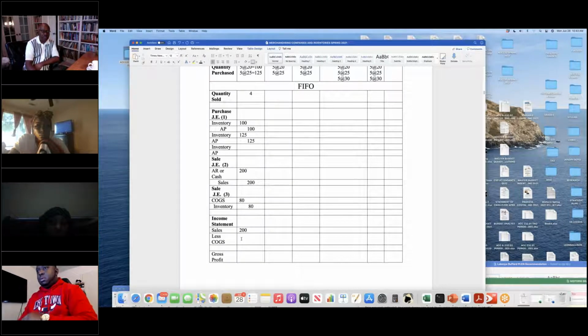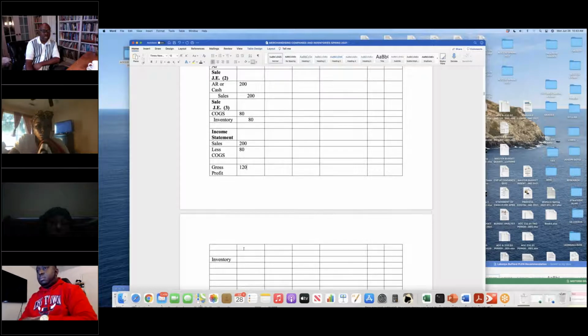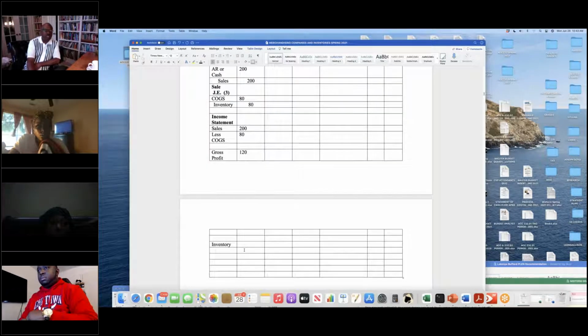Cost of goods sold is going to be what? 80. So our gross profit is going to be what? 120. Then what's our inventory going to look like?